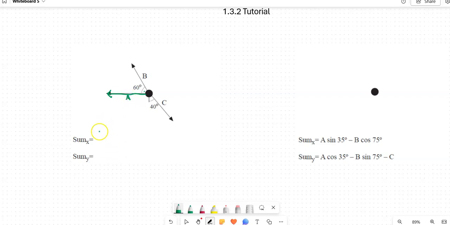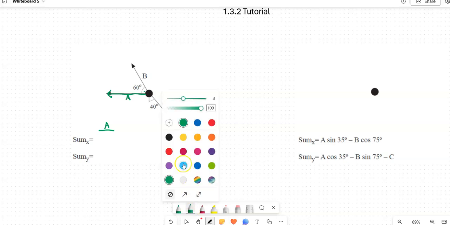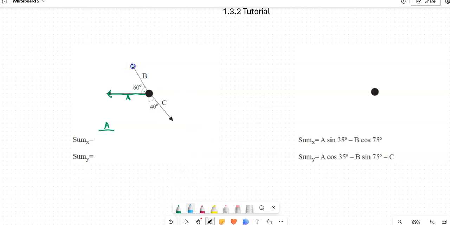I'm just going to go ahead and write the A vector right there. The B vector, we're going to use blue, baby blue, and that is pointing up and to the right. Up and to the left. And let's make the C vector, which is pointing down and to the right, as that.